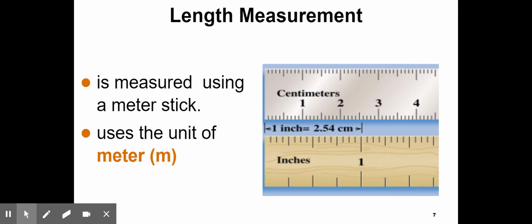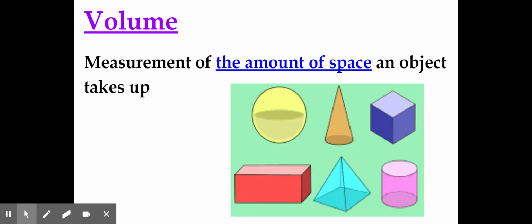For length, we can take a measurement with a meter stick, and the unit is meter. A meter is about the width of a door. Volume is the amount of space an object takes up.